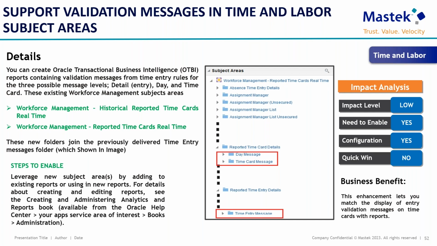Now the system will be able to store those validation messages, and those messages can be retrieved through the subject area itself rather than creating a SQL query. Those messages can be extracted through two subject areas mentioned over here, called the historical reported time card real time and reported time card real time subject area.